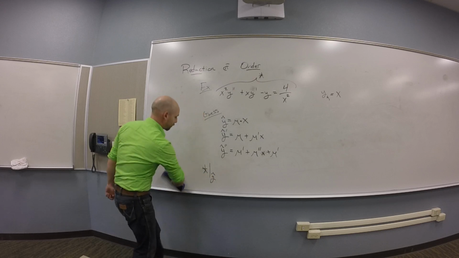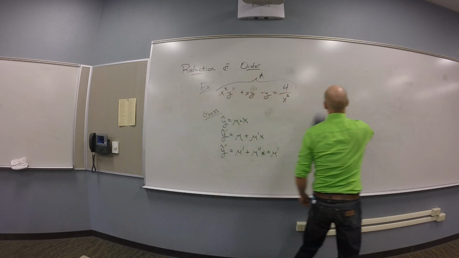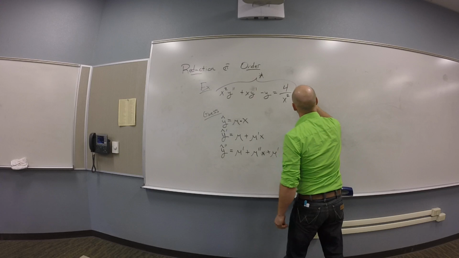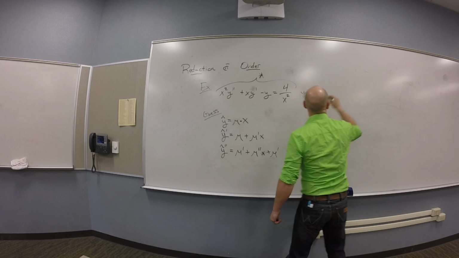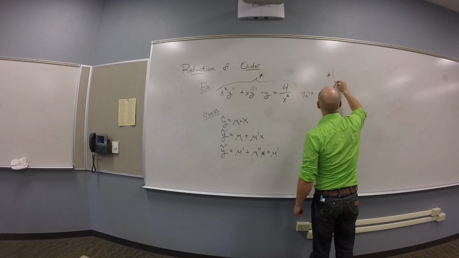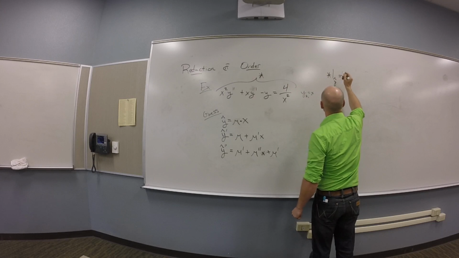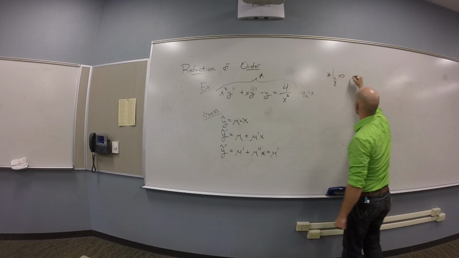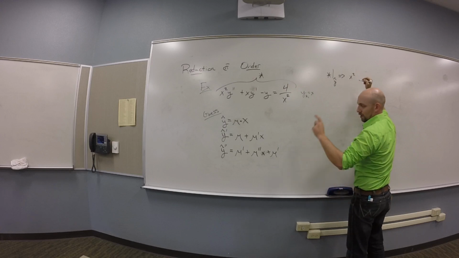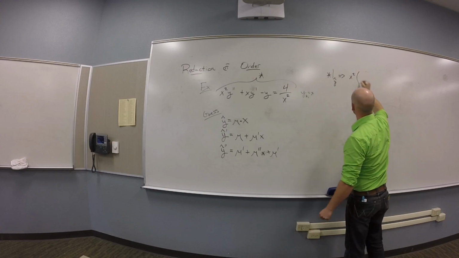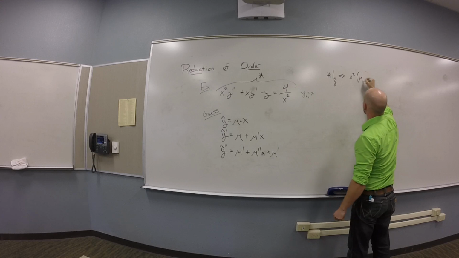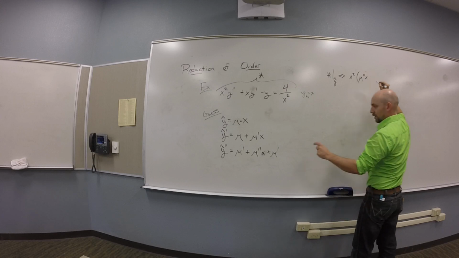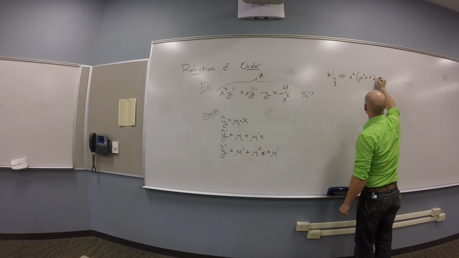I want to write this someplace else so that you guys can see what happens here. Okay, so star evaluated at y hat becomes x squared times all of that jazz, so that's mu double prime x plus 2 mu prime.